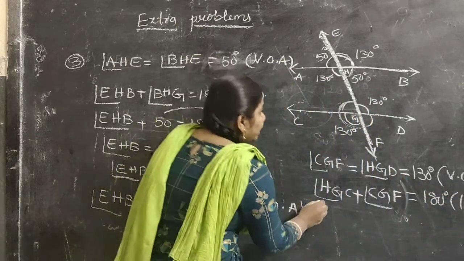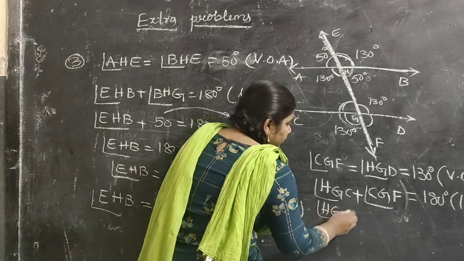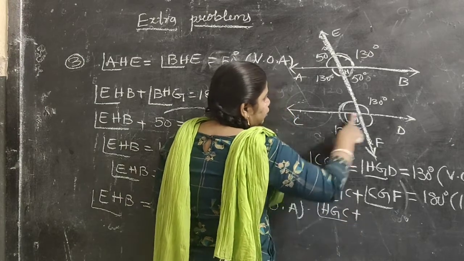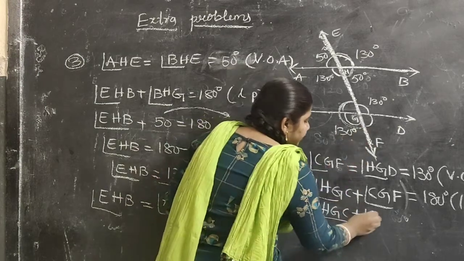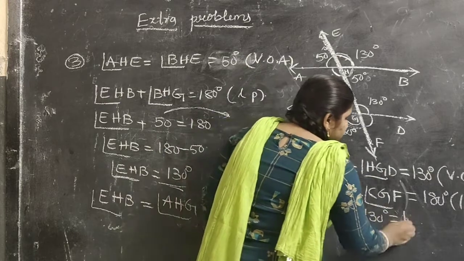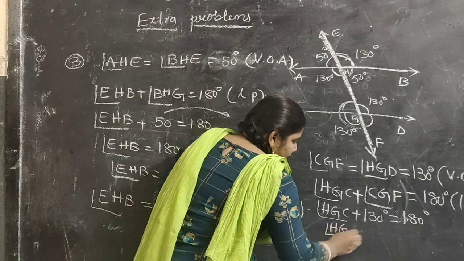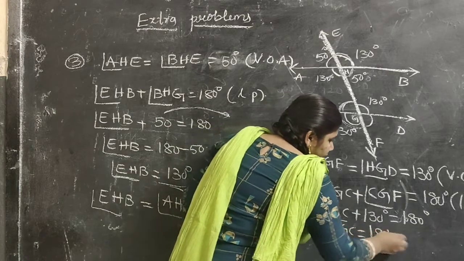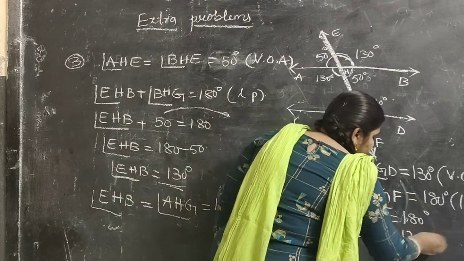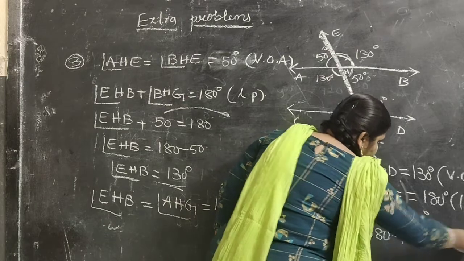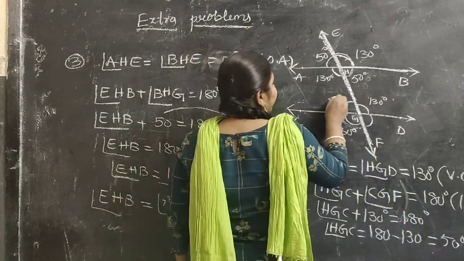So HGC value we don't know plus CGF value is how much? 130 is equal to 180. Transpose this value. HGC is equal to 180 minus 130, that will be equal to how much? 50 degrees. So this angle you got as 50.